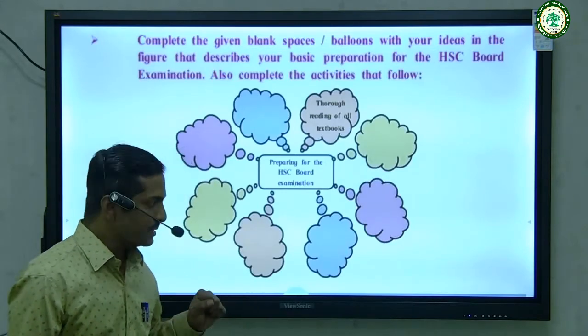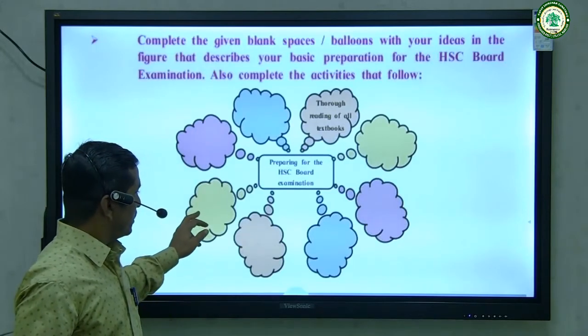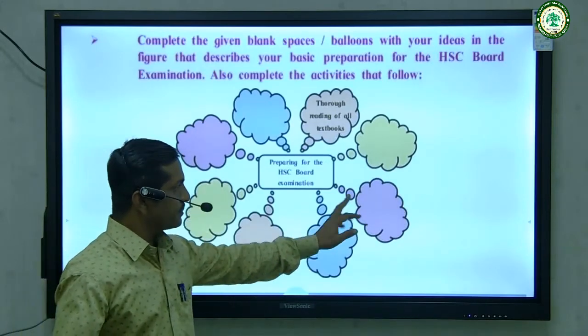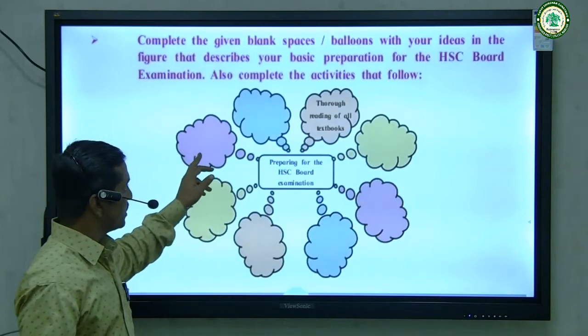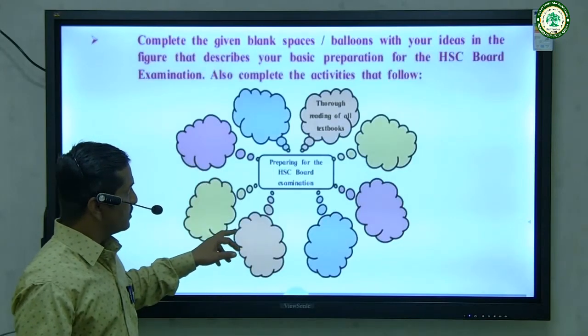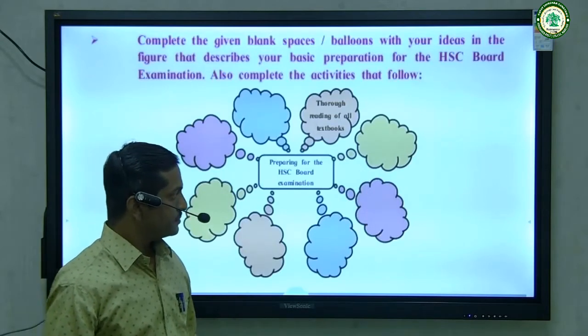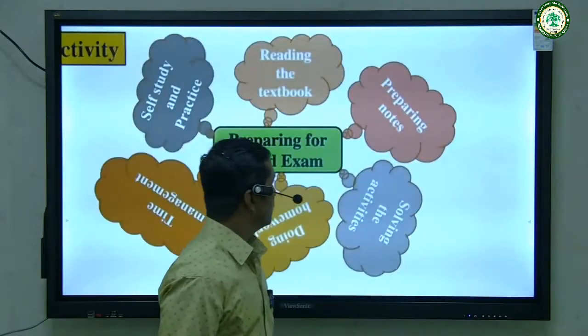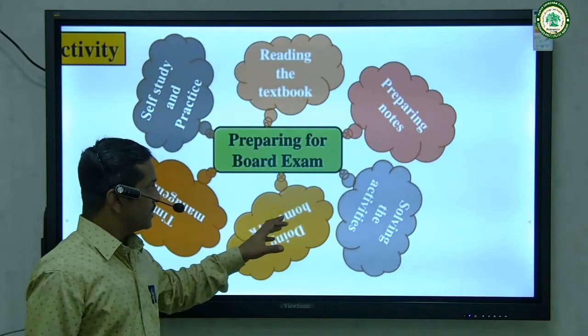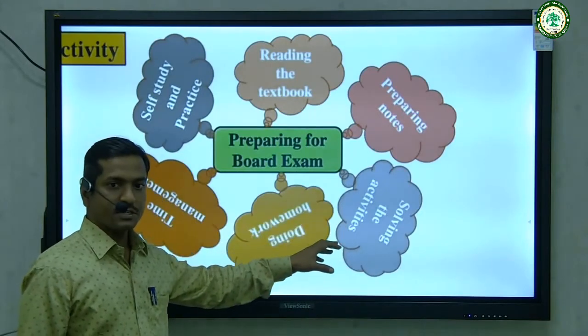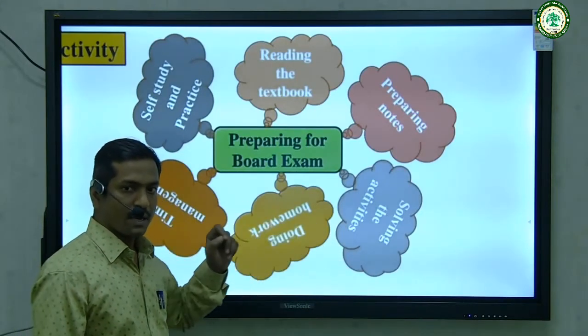You also find that in this image the shape is very interesting. The interesting shape is used here, and such kind of shapes you can use in your mind map. So the first thing is that you can use interesting shapes in your mind mapping activity.